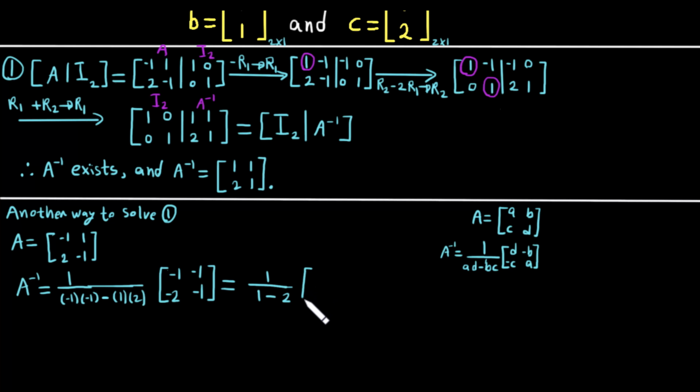and the same matrix here, negative 1, negative 1, negative 2, -1, and the answer of this one, 1 minus 2, which is -1, 1 over -1, -1, -1, -2, -1, and here the answer of this one, it will be negative.